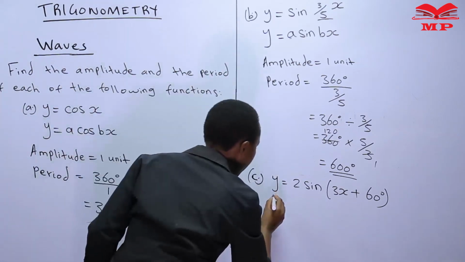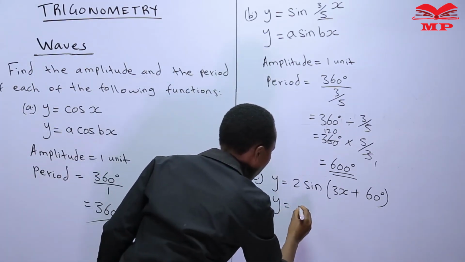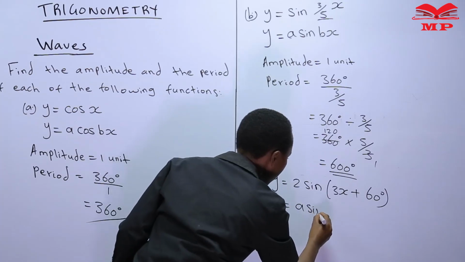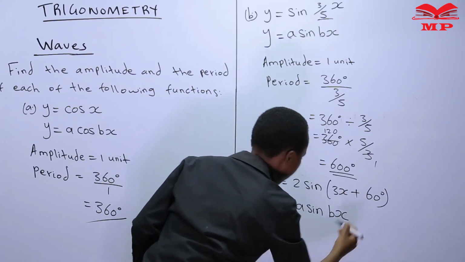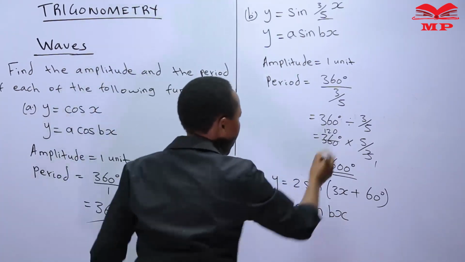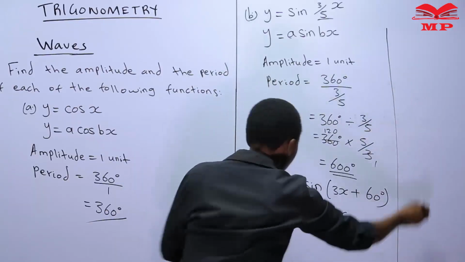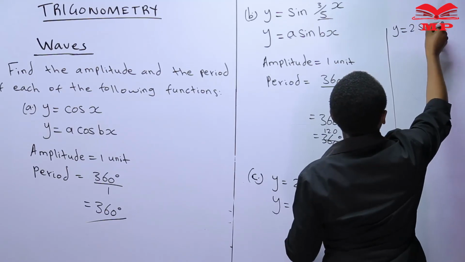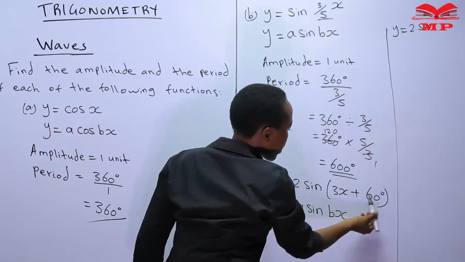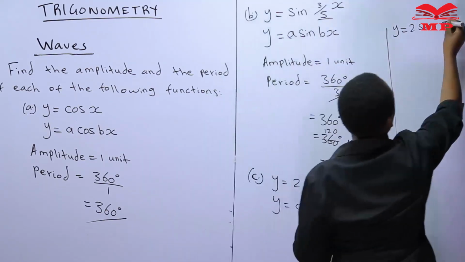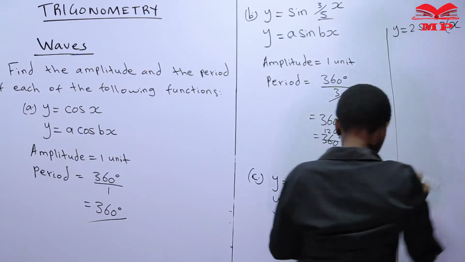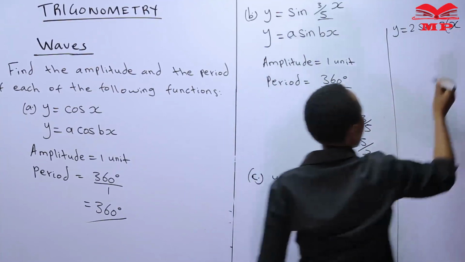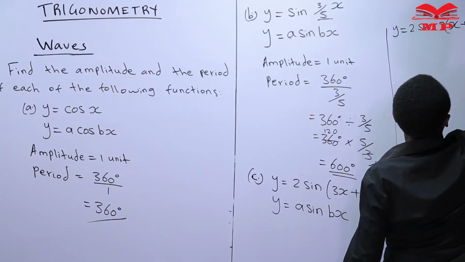So in this, again, we need to write it in the form y is equal to a sine bx. So y is equal to 2 sine. Here we can factor out 3, which is a common factor. We remain with x, and 60 divided by 3 we have plus 20 degrees.